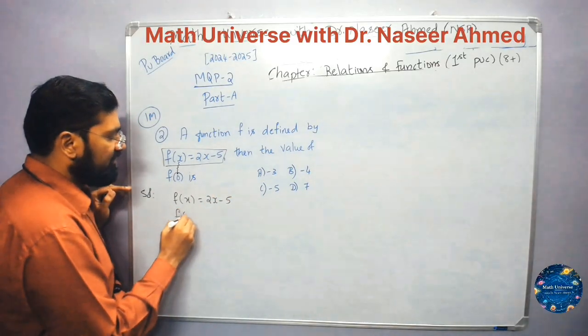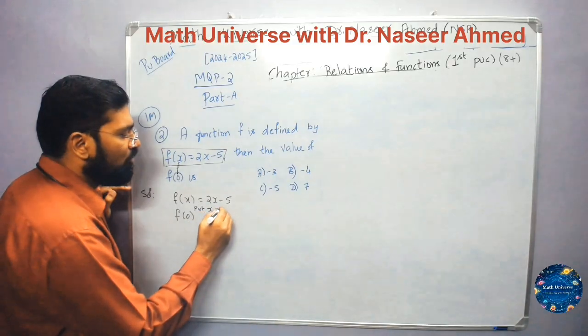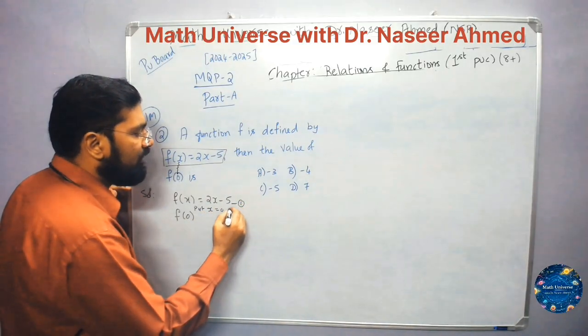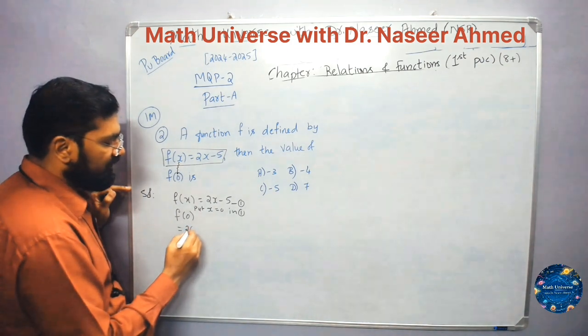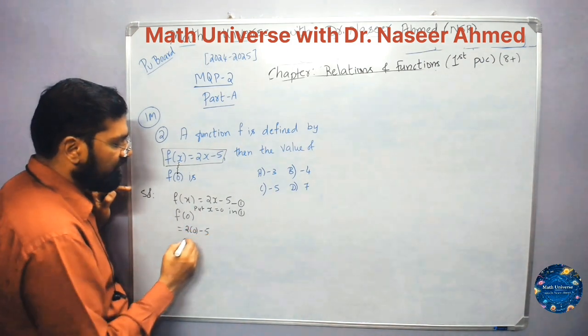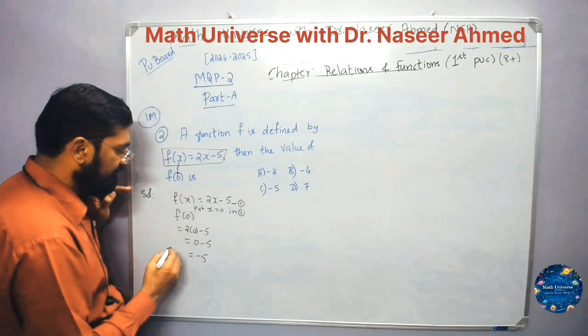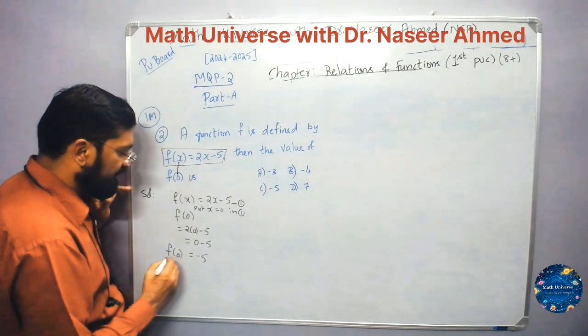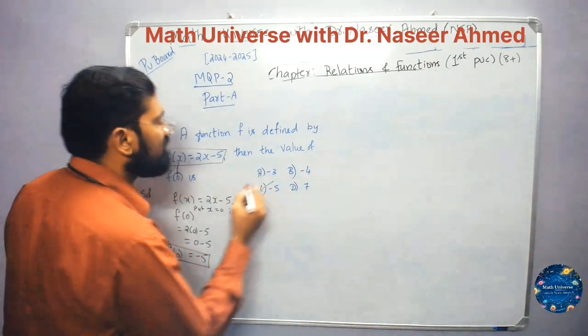So find the value of f of 0. So we are going to put x is equal to 0 in this equation number 1. When I do so, we will get 2 times 0 minus 5. 2 into 0 is 0, minus 5. The answer is what? Minus 5. Therefore, f of 0 is minus 5. Option C.